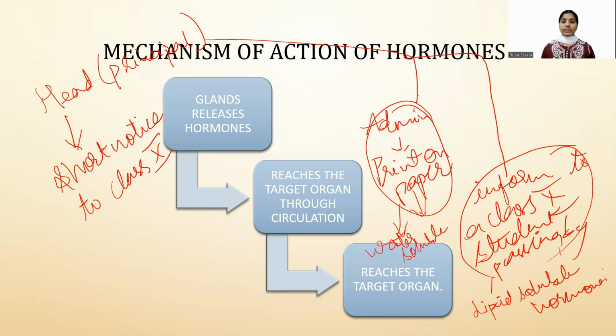Just remember it like that. Now I'll explain the same outline. What happens in the case of hormones in our body? The glands release the hormone. Let's think of glands as the head of the department, releasing the hormones, the piece of paper, the information.